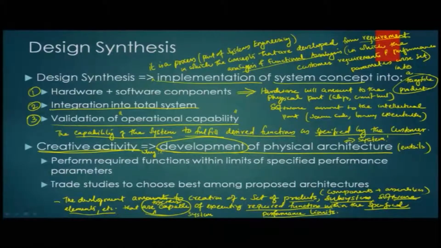The performance limits were specified in the requirement loop. So all those things specified in the requirement loop are taken, and from those requirements you develop components, products, subsystems, software elements, etc., and then integrate them together to form the system that is capable of executing those functions within specified performance parameters or limits.